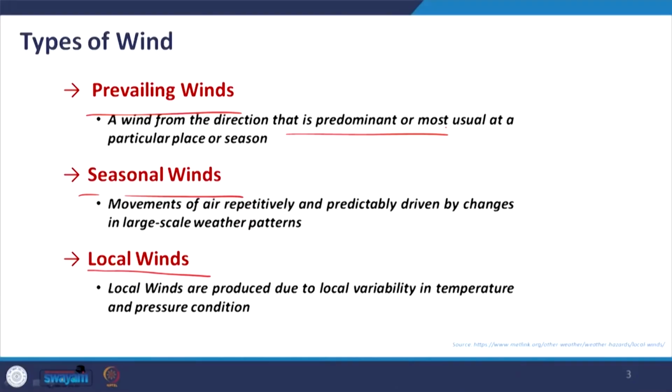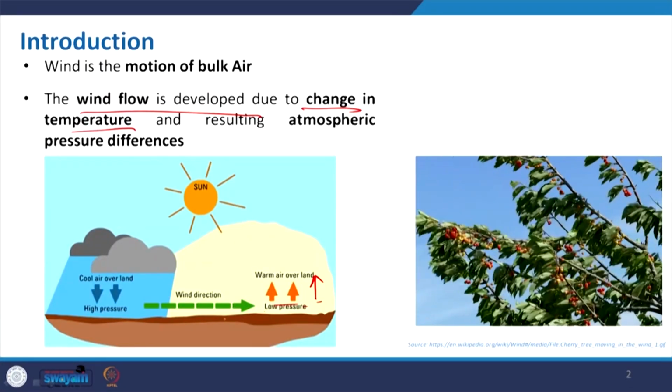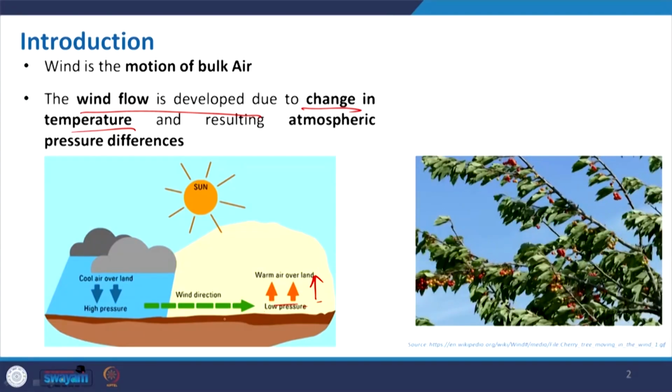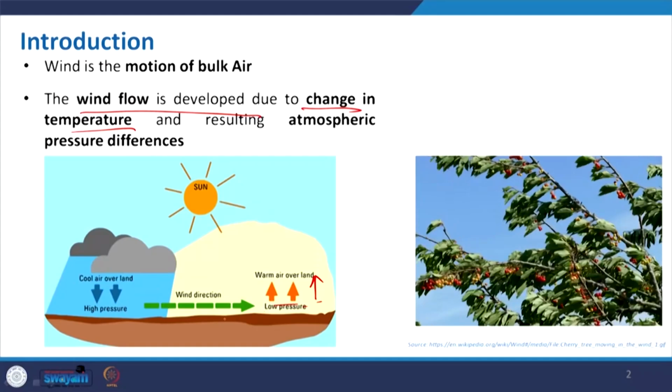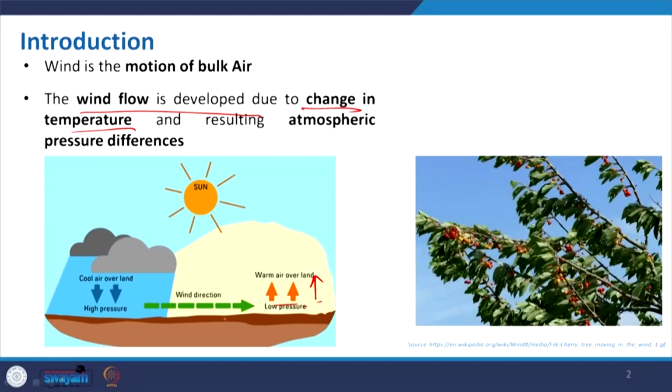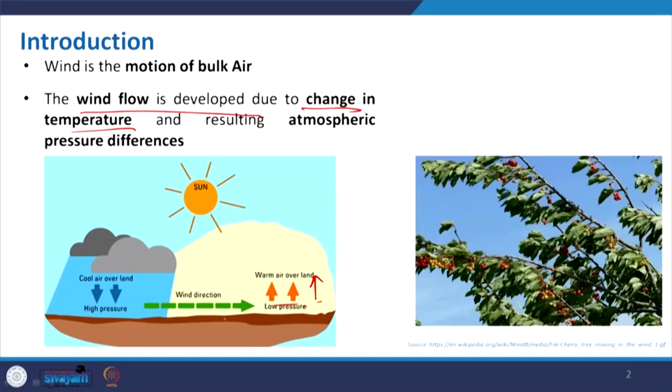Now, local wind is produced due to local variability in temperature and pressure conditions. It is similar to the case where you have a region with a water body and paved surfaces, which absorb heat very quickly, and the air in contact with that surface gets warm and creates a low pressure zone.